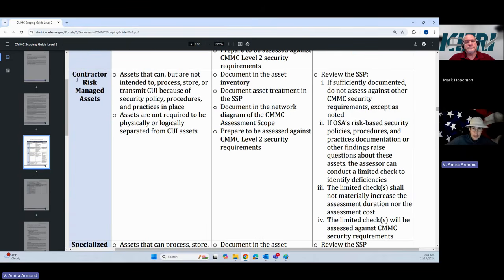You just don't even mention the CRMA at all for how you're doing malware protection. As an assessor, this is saying, go find out if they're doing malware protection. So if you don't want any questions from the assessor, if you don't want a spot check, then talk to how you're doing every requirement for your CRMA, just like you talk about how you're doing each requirement for your CUI assets.